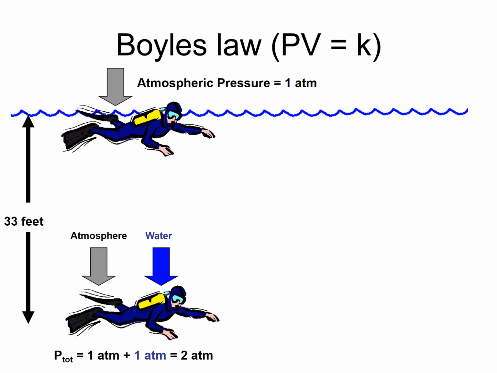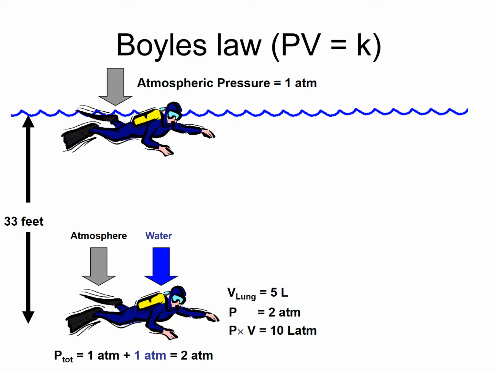Now, let's employ Boyle's law to see what other information we can derive from the problem. As part of the given information, we'd need to know that the volume of our scuba diver's lungs was 5 liters, approximately correct for a typical adult. Okay. The pressure, we've already noted, is 2 atmospheres. Well, we've got pressure and volume, and if we assume Boyle's law works, that is, if we assume that N and T are held constant, then we can calculate what PV is equal to.